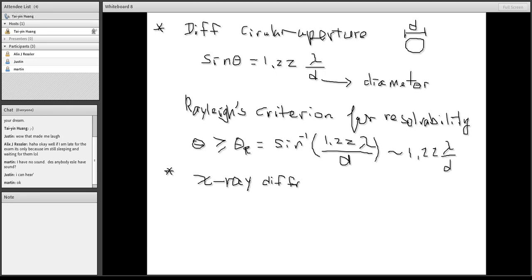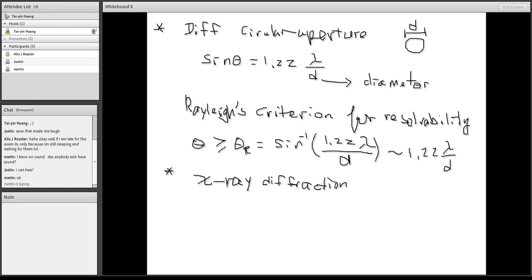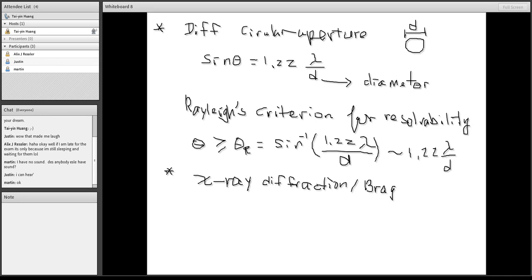When you send light in the X-ray range, which has a very short wavelength, through, let's say, NaCl, the table salt, it produces a diffraction pattern, and Bragg found that the diffraction pattern obeys the following equation, which we call Bragg's law.